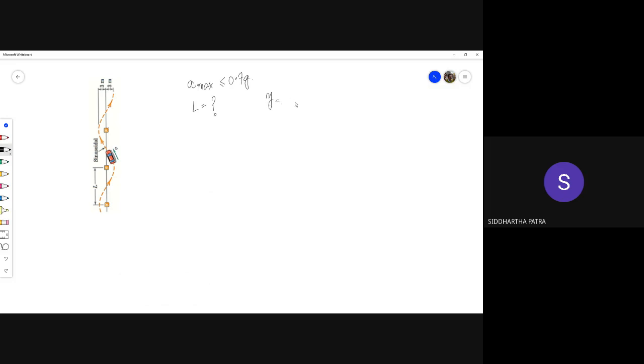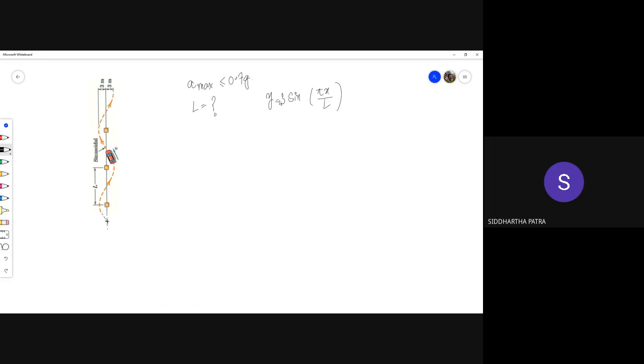Y equals 3 times sine of pi times x divided by L. Okay, so if I, let's say, extend this line and consider this one as a starting point.